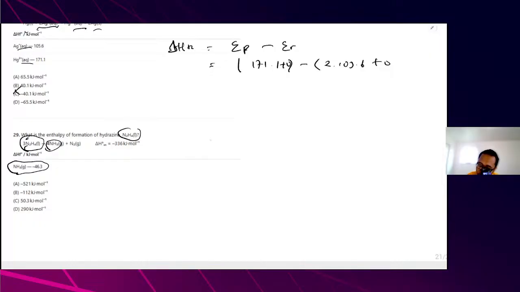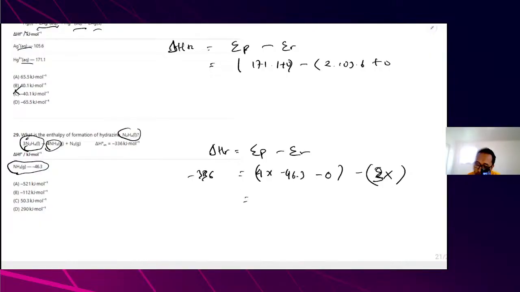So delta H of reaction is the sum of product minus reactant. For the product, it's just times 4. And then N2 we can assume is 0. This is what we want to know, but remember this one should be 3x, and then the reactant is 336.